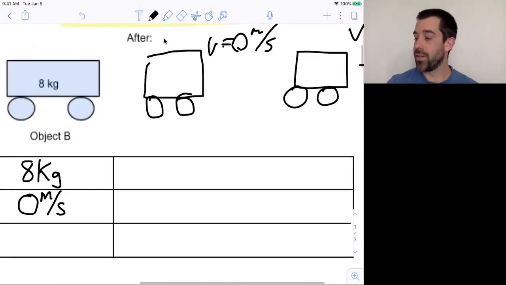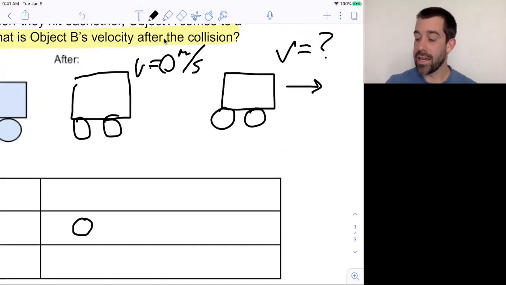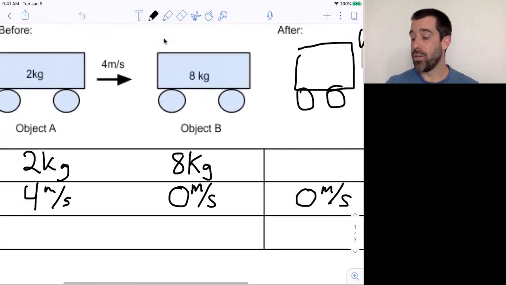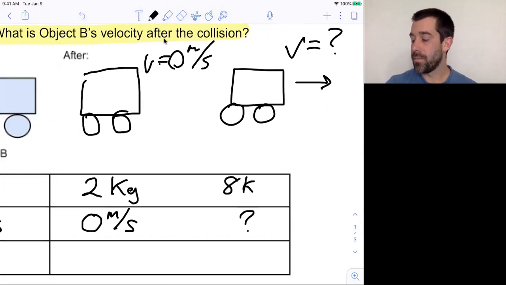Okay, other information we have from the after picture is that object A is now moving at a velocity of 0 meters per second. We do not know what the velocity of object B is, so I like to write a question mark just so we don't forget that's what we're trying to figure out. This is 2 kilograms and this is 8 kilograms for their masses.